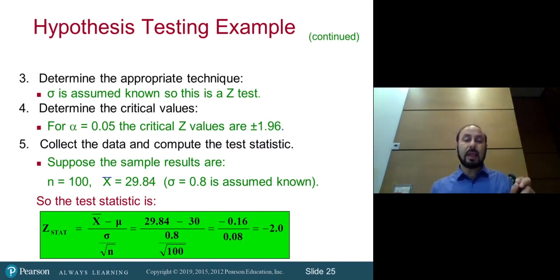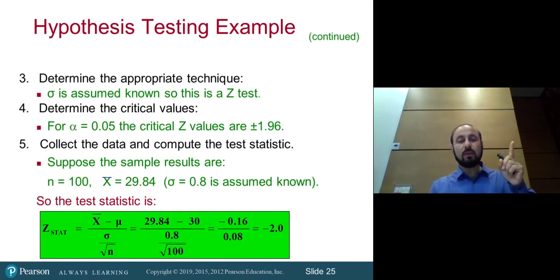Number 5, collect the data and compute the test statistic. Suppose we have already collected data from a sample of 100. Once we collect data from the 100, of course we can easily calculate the sample mean, x bar.